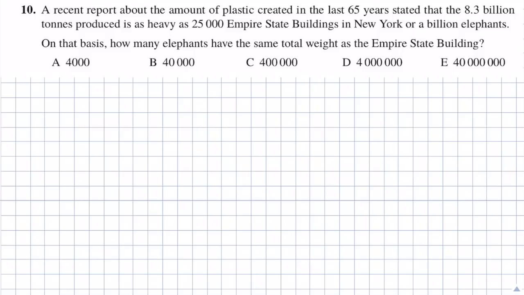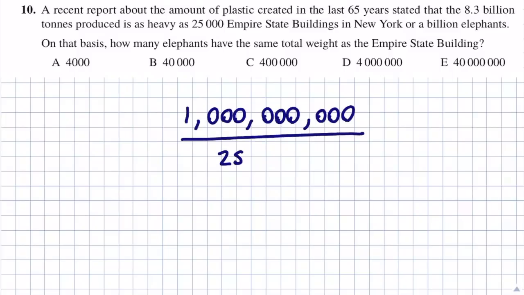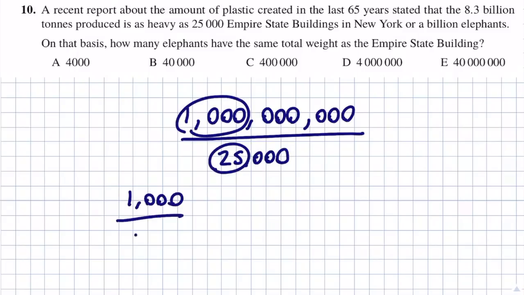Okay, so to work out how many elephants have the total weight as the Empire State Building, we need to do 1 billion, which is basically a 1 followed by 9 zeros. And then we need to divide this by 25,000. Now, you should know that 1,000 divided by 25 is 40.